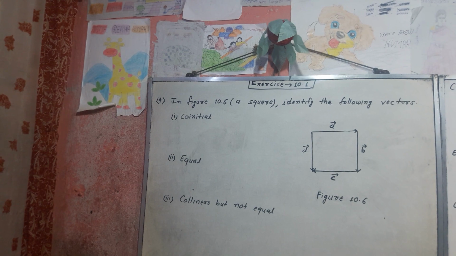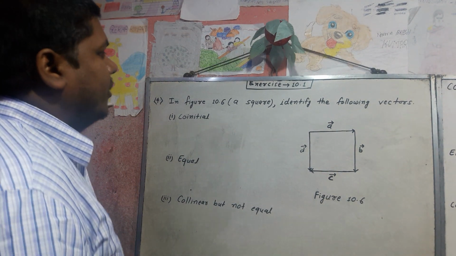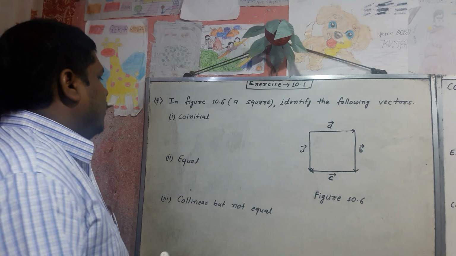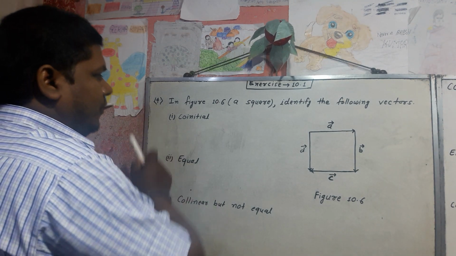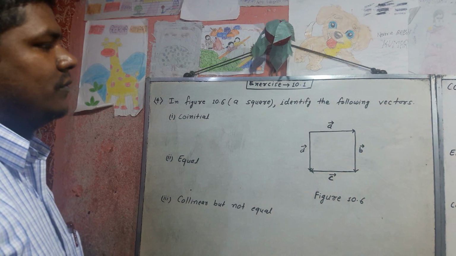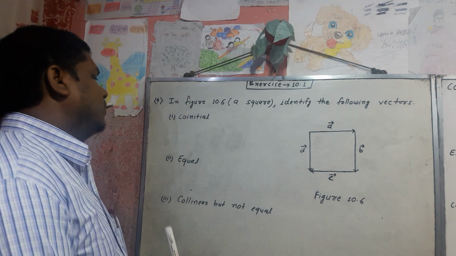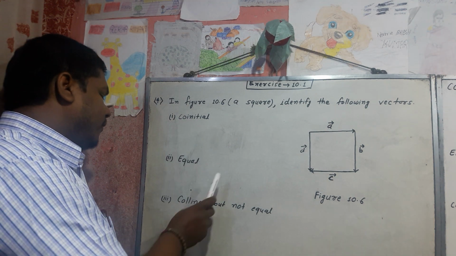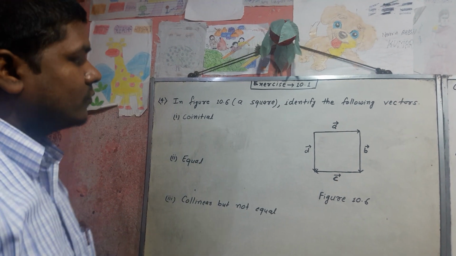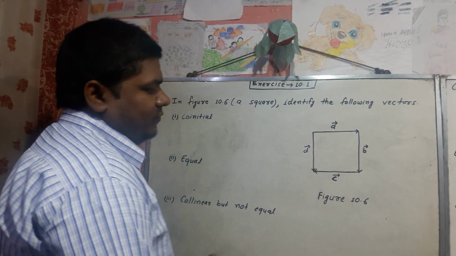Now we shall solve question number 4, because we have read about co-initial, equal, collinear. Here given figure is a square.